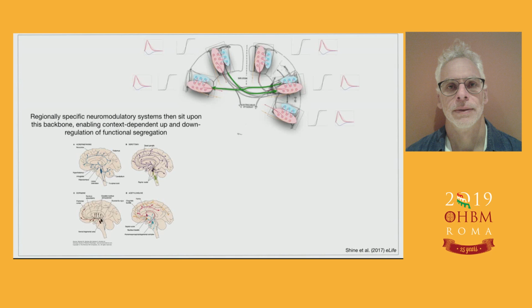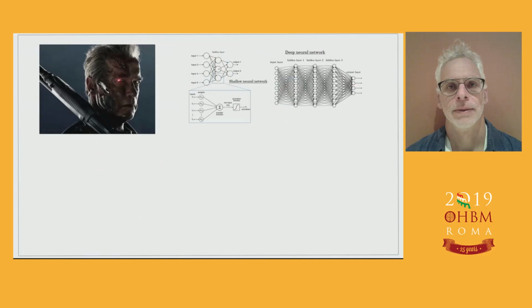I've finished. So, in conclusion, I was having dinner last night and we had this conversation about when are the machines going to beat us, right? Deep neural networks are coming. Actually, of interest, McCulloch and Pitts developed the first neural networks, and at the heart of these artificial neural networks is exactly this activation function.